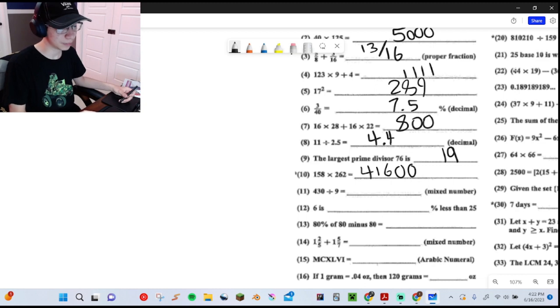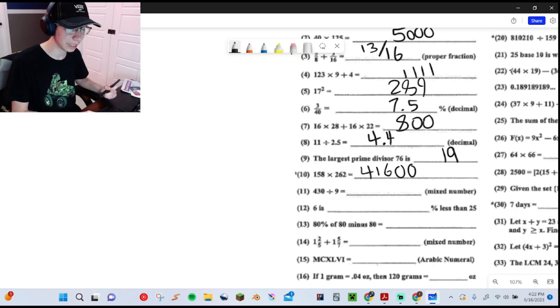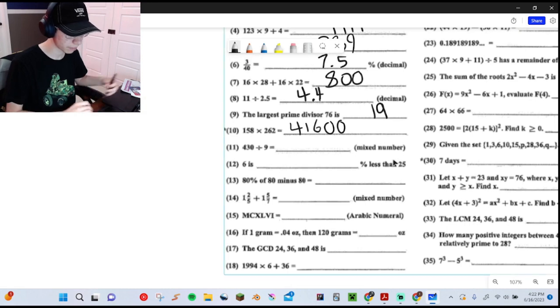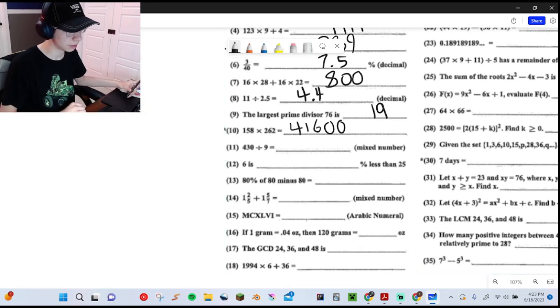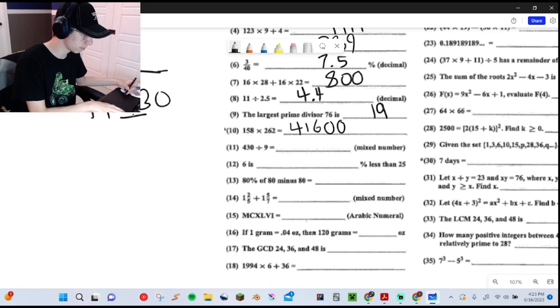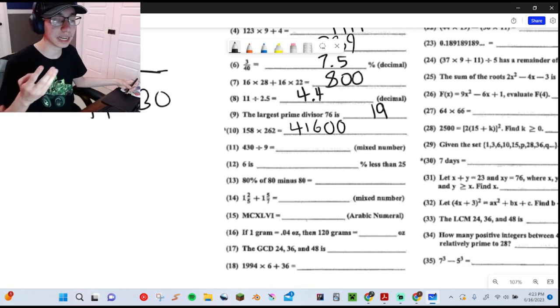Alright, so now we can move on to number 11. So I have 430 divided by 9. So I'm just going to do long division. So 9 can't go into 4, so I gotta check if it goes into 43. How many times does 9 go into 43?